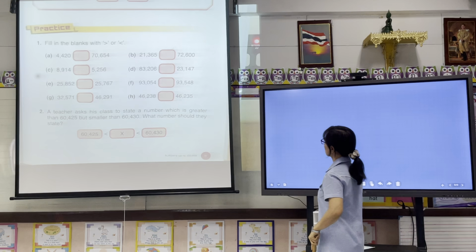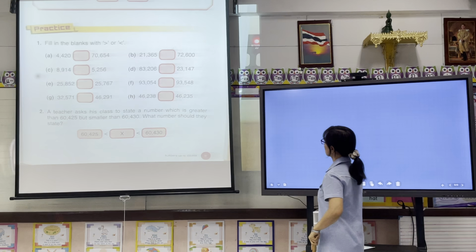So in your textbook, page 9, we are going to fill in the blanks or the boxes using the comparison symbol. This sign is greater than, and this sign means is smaller than. We use these two signs.